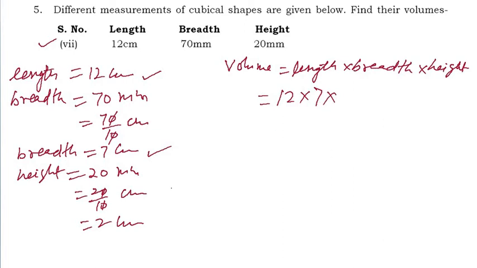So 7, and here is the 2. So you have to write here 2. It is 12 times 7 is 84, times 2 is 168. Now multiply here. It is 168 centimeter cube.